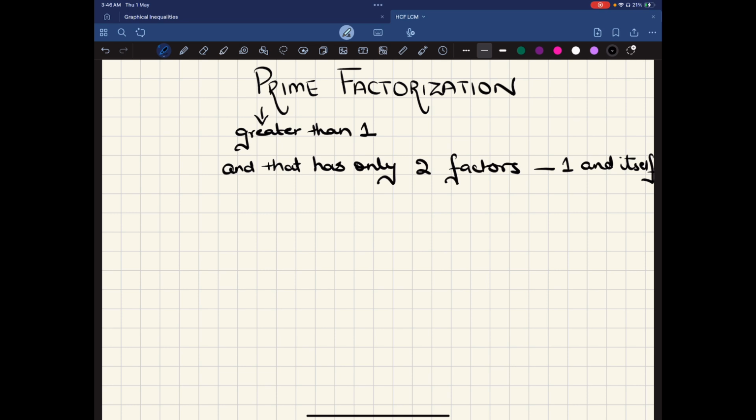Now to prime factor, let's do an example. Let's choose 120. You need to express 120 as a product of its prime factors. So what are we going to do? We are going to begin with the smallest prime number, which is 2.